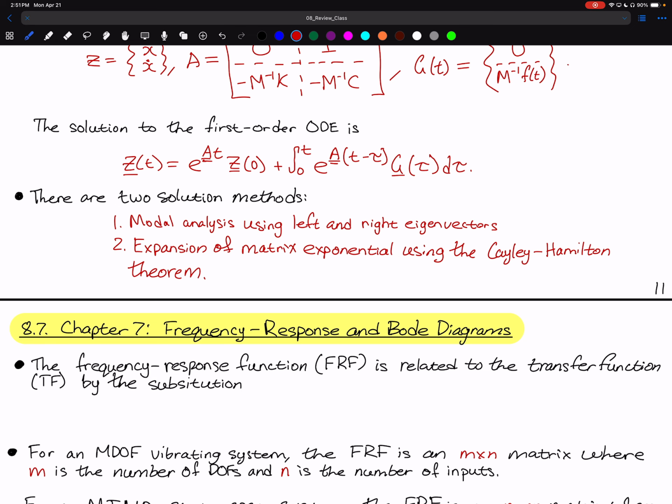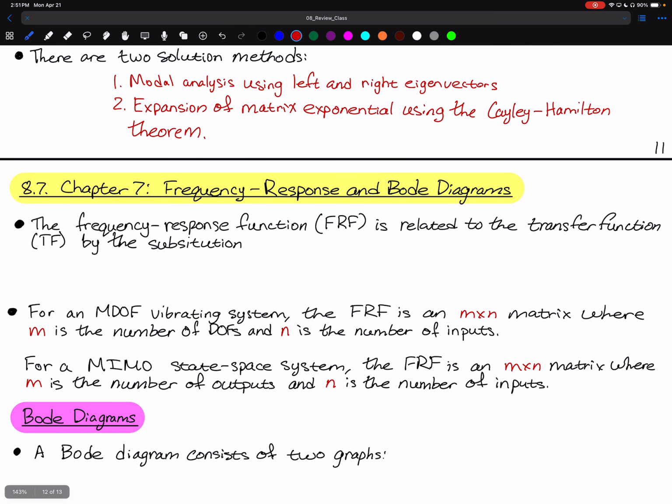All right, with that, we're going to take a look now at chapter 7, which focused on frequency response and Bode diagrams. So first, the frequency response function is related to the transfer function via the substitution of s equal to j omega. If you find your transfer function, G of s, then you can substitute in s equal to j omega, and this will give you your frequency response function, H of omega.